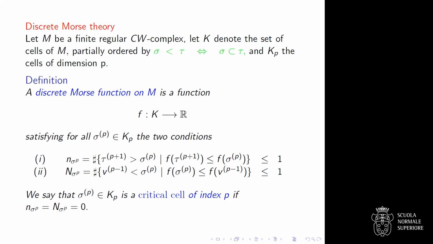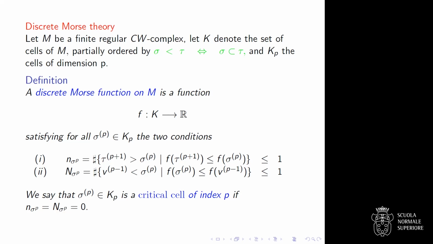In a similar way, the set of cells that are smaller, on which the value of the function is bigger or equal, has cardinality smaller or equal to 1. This is essentially a total mimic of the definition of a Morse function on varieties. In particular, we say that a cell is critical of index p if the cardinality of these two sets is 0.